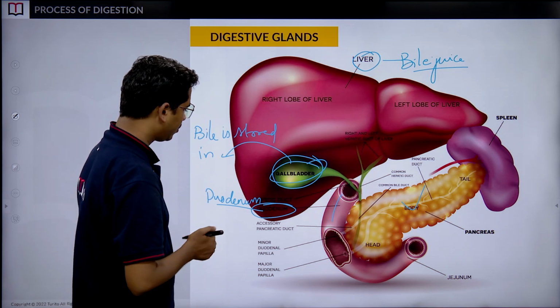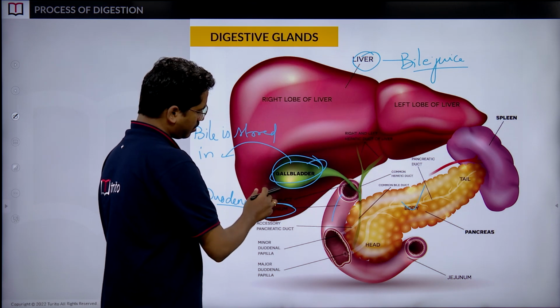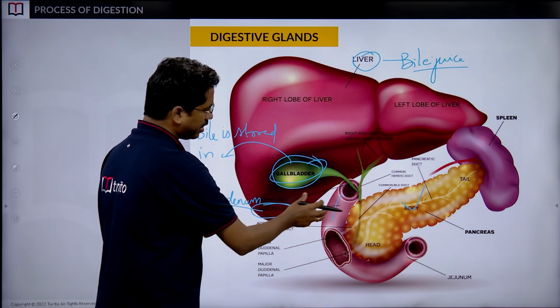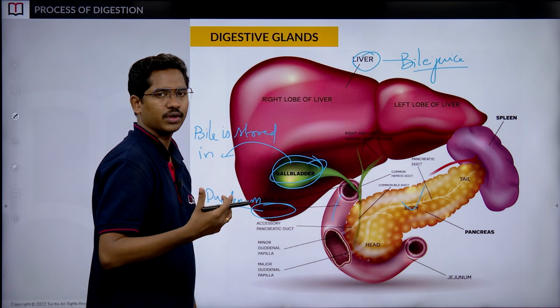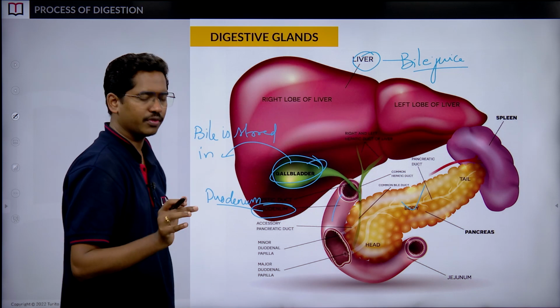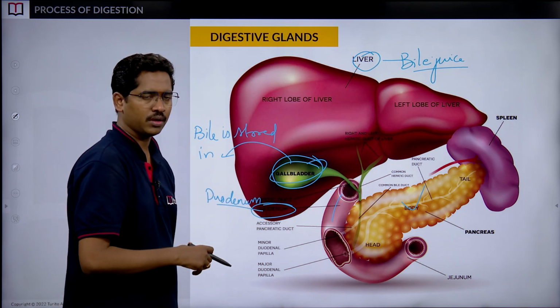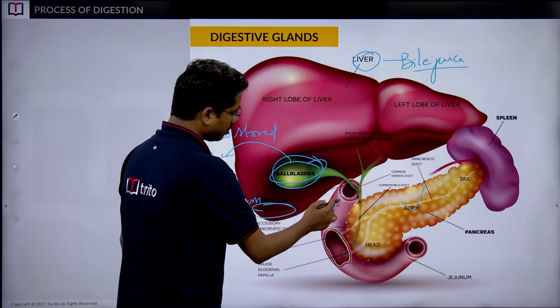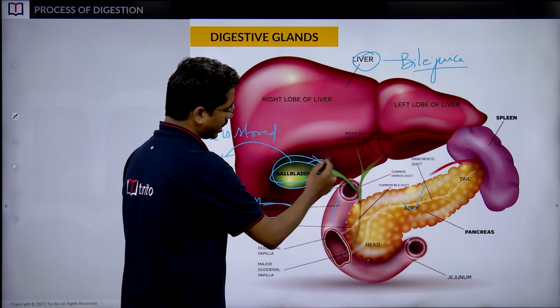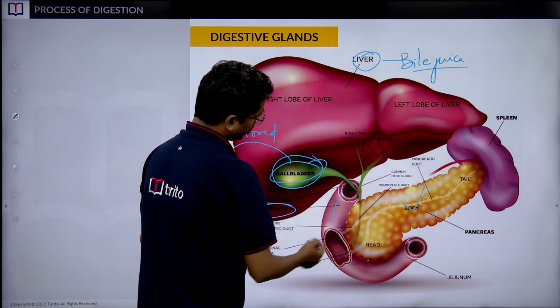When the duodenum needs the bile juice, you cannot expect the liver to directly produce the bile. It is for that reason that there is a gallbladder, where it stores the bile juice, and when there is a need for bile juice at the duodenum, it enters through the common bile duct.